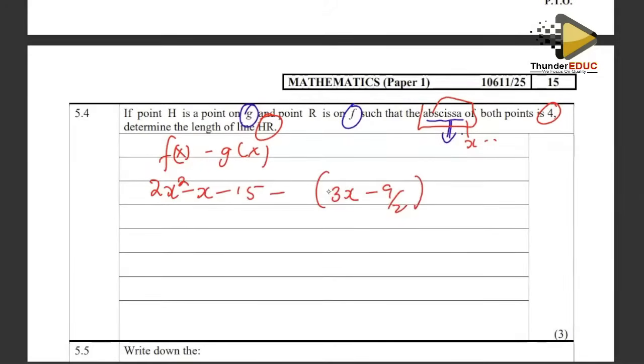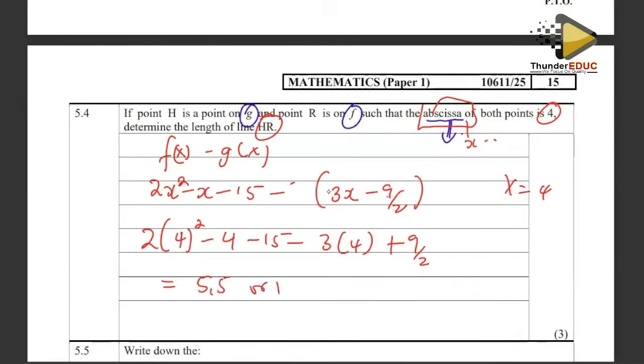You can open up, simplify, and maybe substitute. If x is 4, just replace x with 4. So 4 squared minus 4 minus 15 minus 3 times 4 plus 9/2, because I'm opening a negative and negative. When I punch that, I'm getting 5,5, or basically 11/2 units.